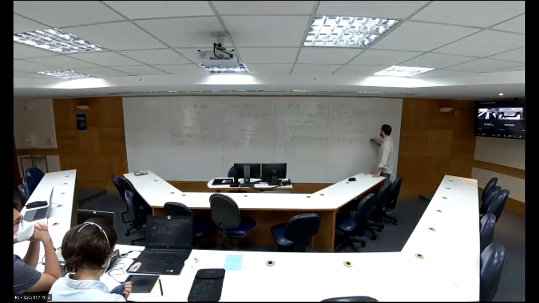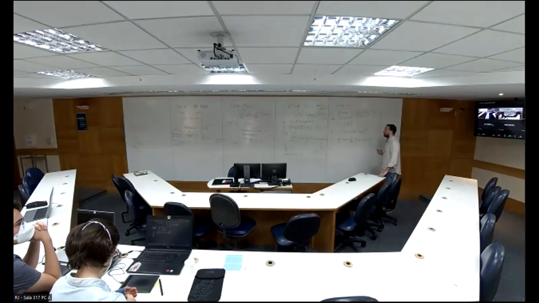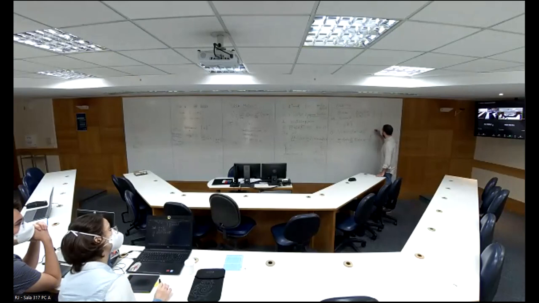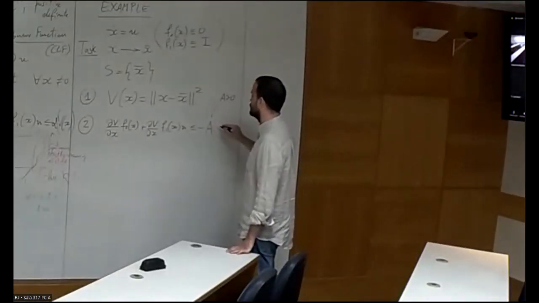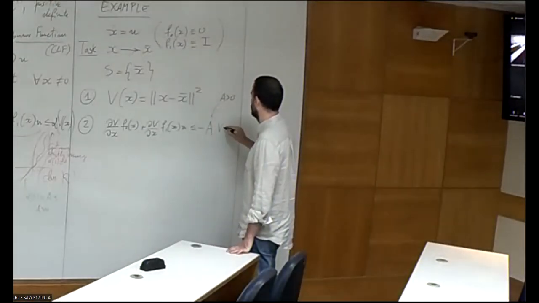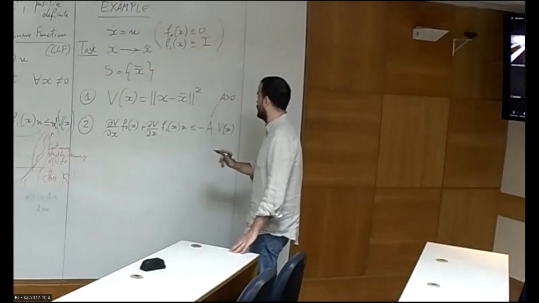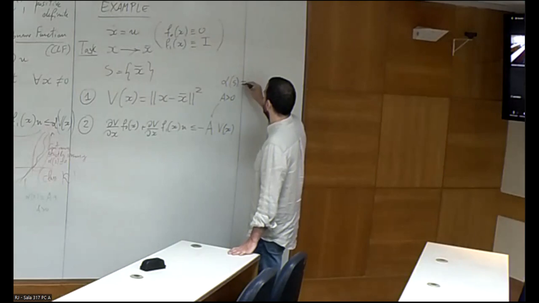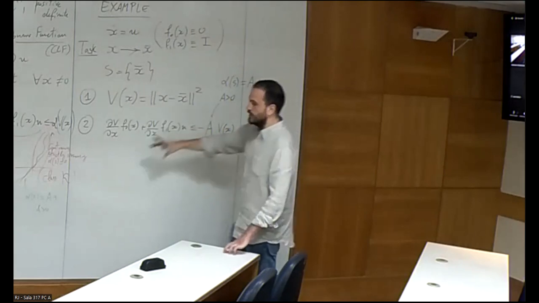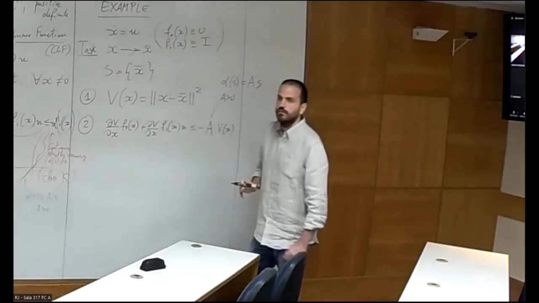Whatever. Let's put a constant a times V. So here the class K function alpha that we chose is the linear function, the linear function example I gave.